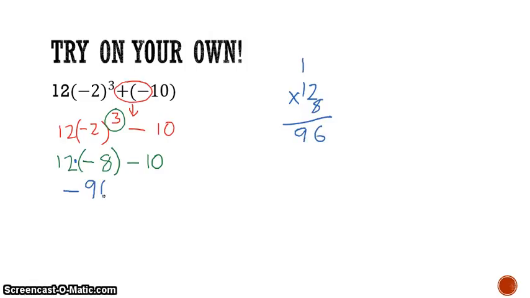So 96, minus 10. And now here, all I have left is the subtraction. I do have to keep in mind, though, these are same signs. Same signs, you add the numbers and keep the sign. So I'm going to add 96 and 10, which will give me 106, and I'm going to keep the sign, which is going to make it negative. That's it, and we'll do some more of this tomorrow.